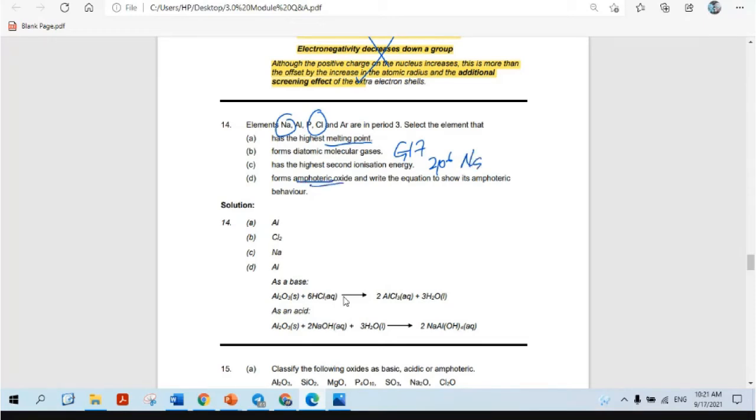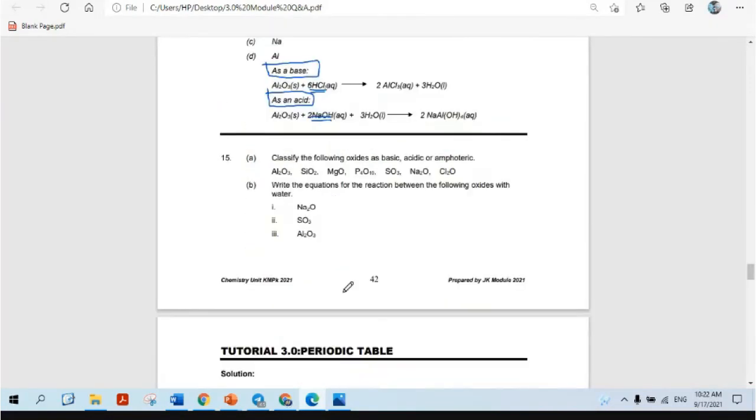Okay, form amphoteric aluminium. When you form amphoteric and write the equation, this statement is a must. You must write out: acts as a base, meaning the aluminium oxide reacts with acid. Must write out: acts as an acid, meaning the aluminium oxide reacts with base. Classification should be no problem because group 1 and group 2 are alkali metals and alkaline earth metals, so they form basic oxides: magnesium, sodium.